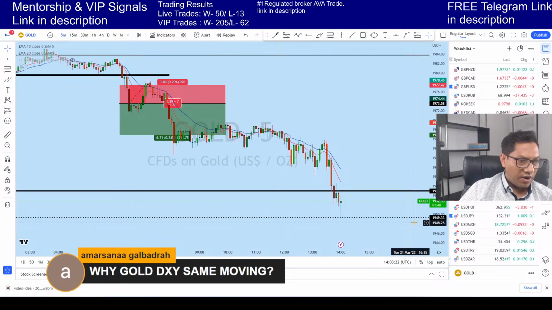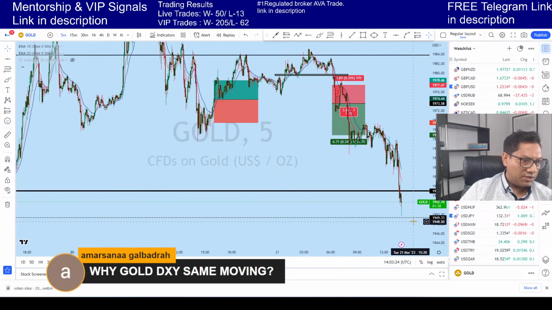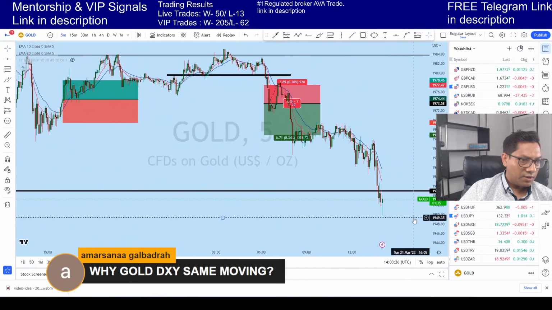Okay, so this is the 5-minute chart. We see that there's a long wick candle coming.